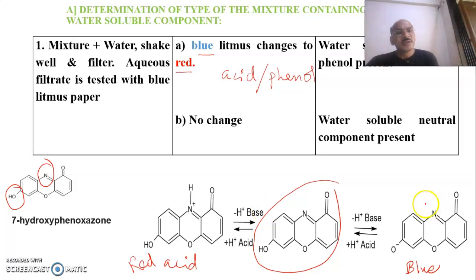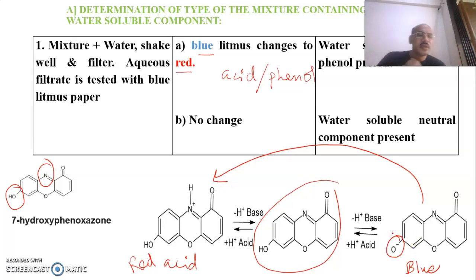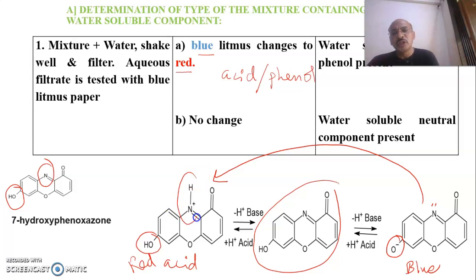See what happens. Blue litmus paper changes to red for acids. Now here this is the conjugate basic site that gets protonated to form the acidic site. Furthermore, the basic site gets protonated to form the conjugate acidic site.